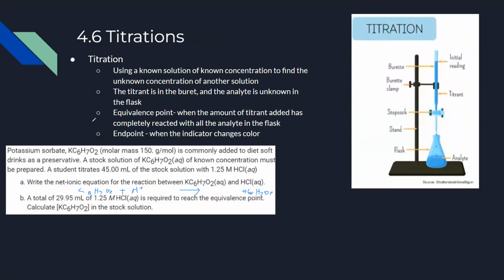Now part B. A total of 29.95 milliliters of 1.25 molarity HCl is required to reach the equivalence point. Calculate the concentration of KC6H7O2 in the stock solution. You have to use the equation M1V1 equals M2V2.